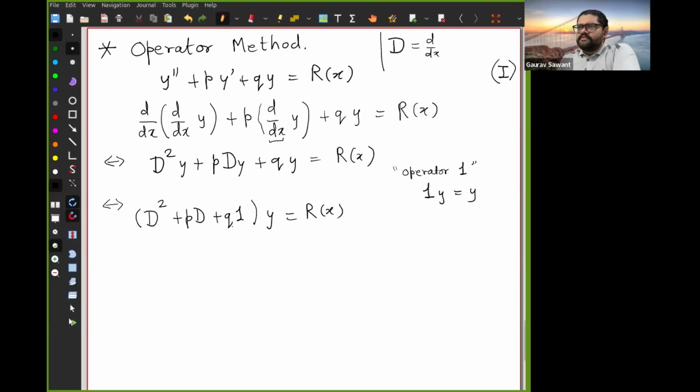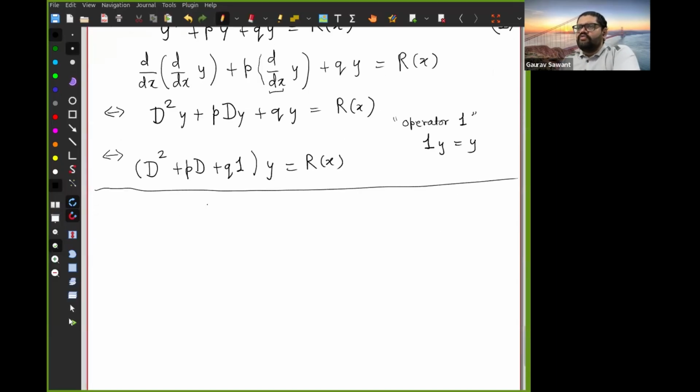So for operators, let me show you something. Let's do a first order expression, okay, for simplicity. Let me look at dy plus py equal to gx.